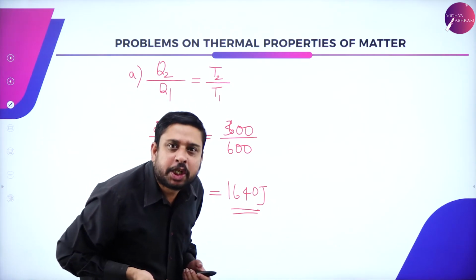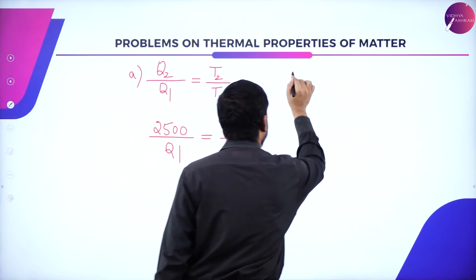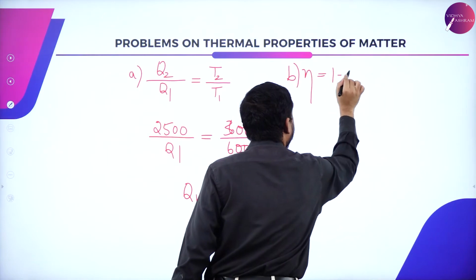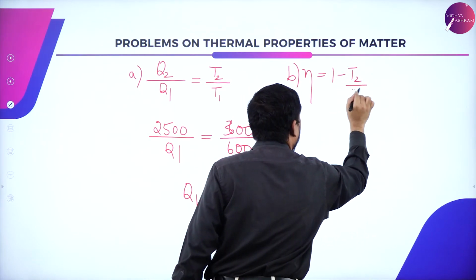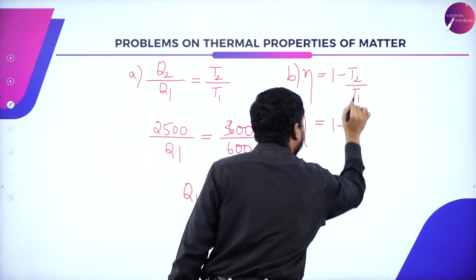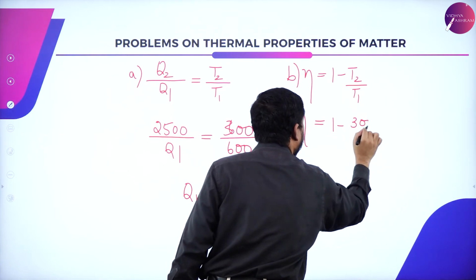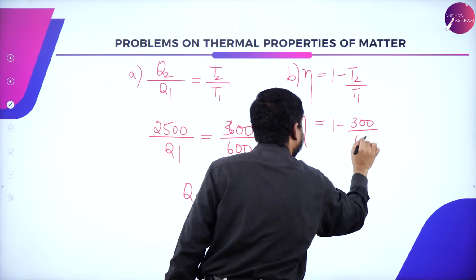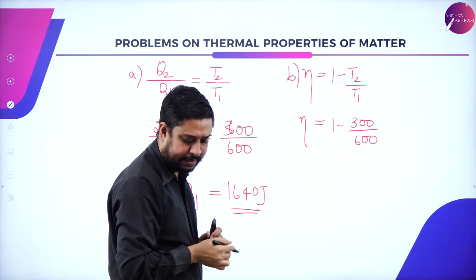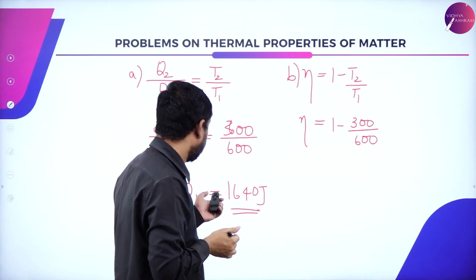Again, calculation of efficiency. Again, eta is 1 minus T2 by T1, 1 minus 300 by 600. Again, a simple calculation.